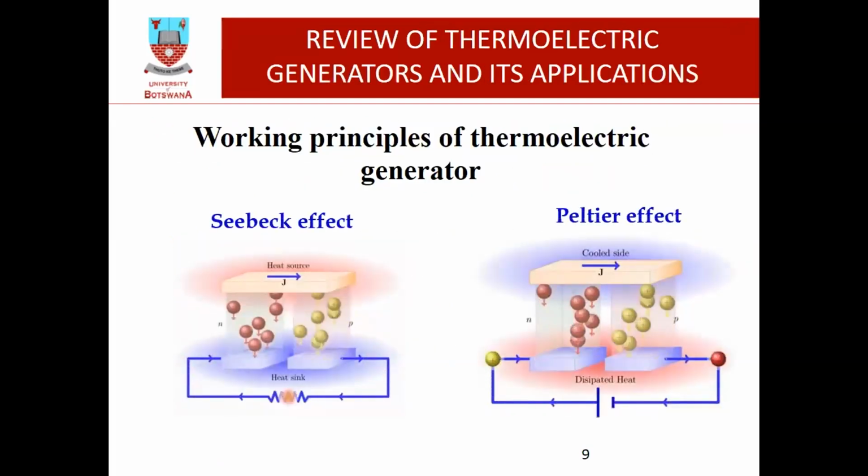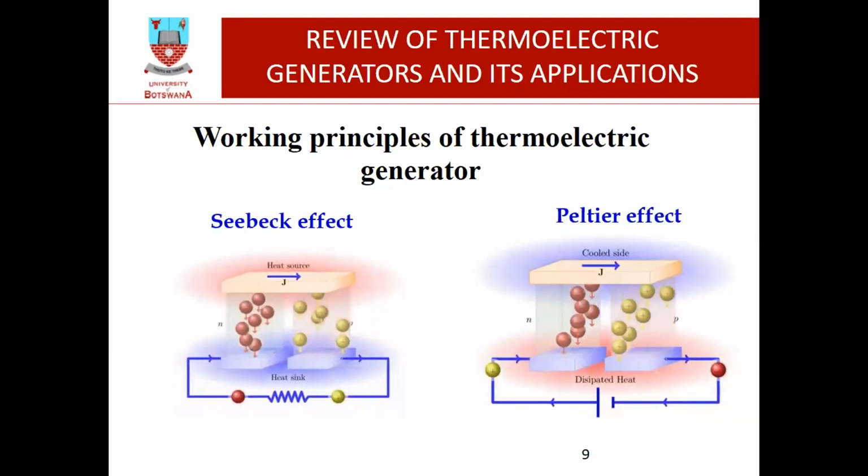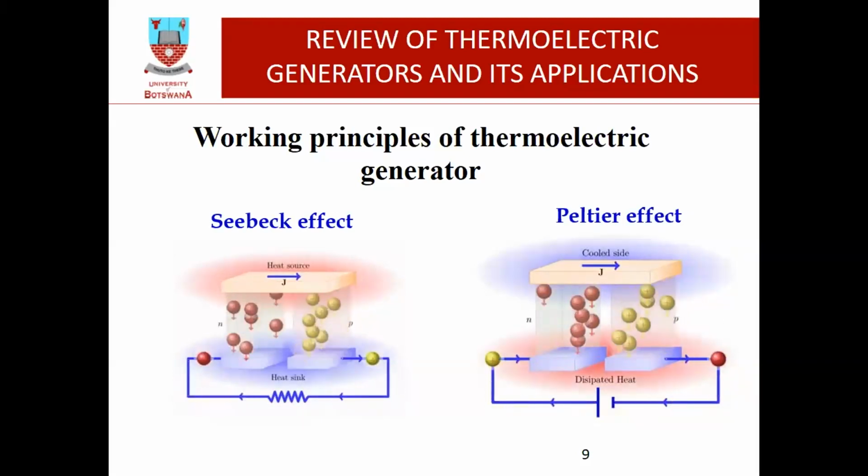So now the thermoelectric generator working principle was discovered by this man called Seebeck, the Seebeck effect, and the Seebeck coefficient was termed from this, which acknowledges the generation of electricity from the application of heat through a thermoelectric element or module to a cold side.